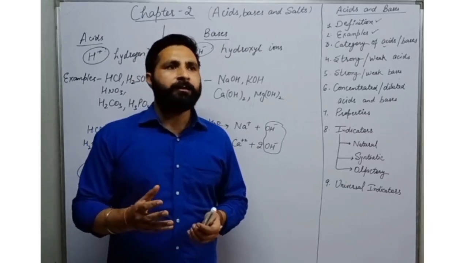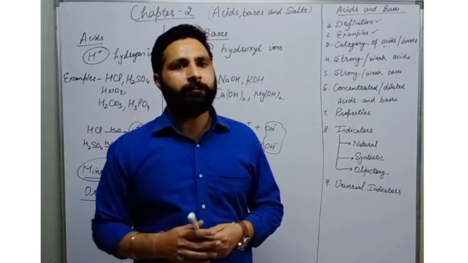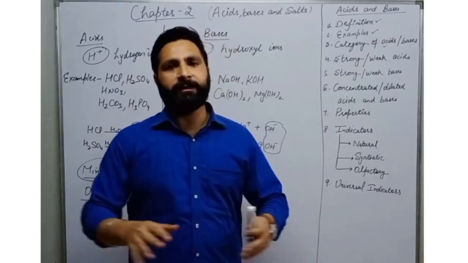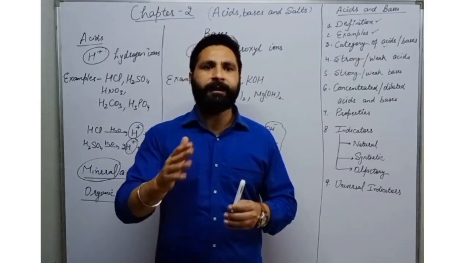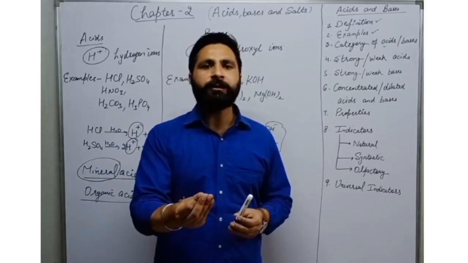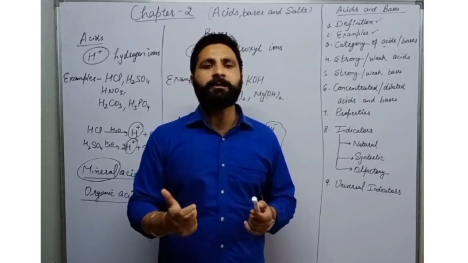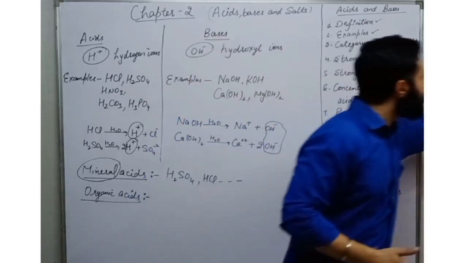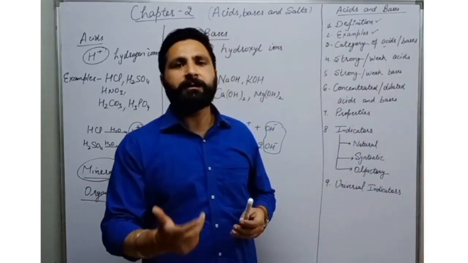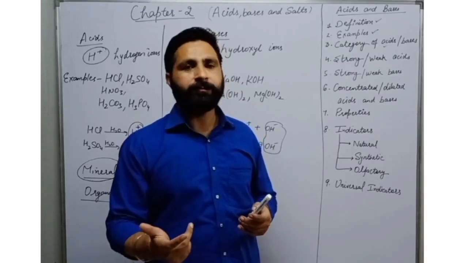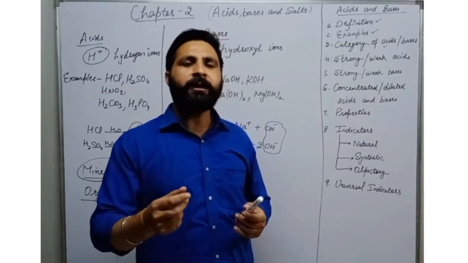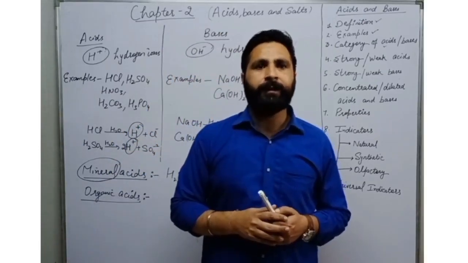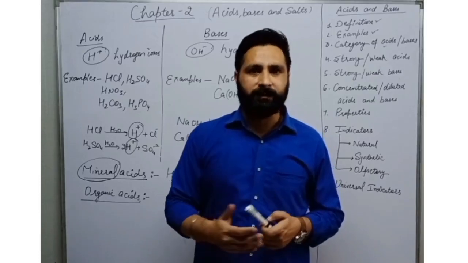And we can say, suppose 100 atoms are there, more than 80% are released in that solution. Those acids which release more number of H plus ions are called strong acid, and which release only a few, you can say less than 30%, they are considered as weak acids.